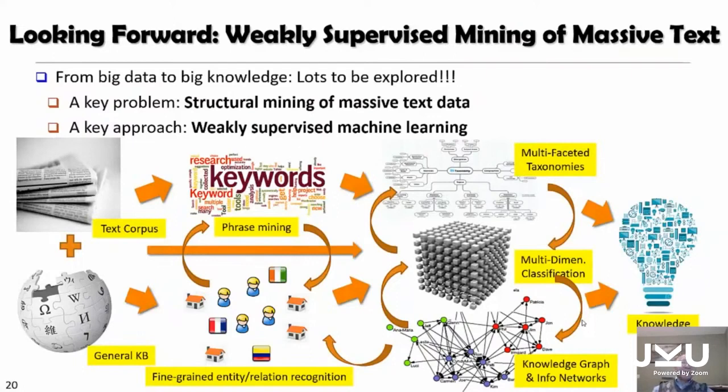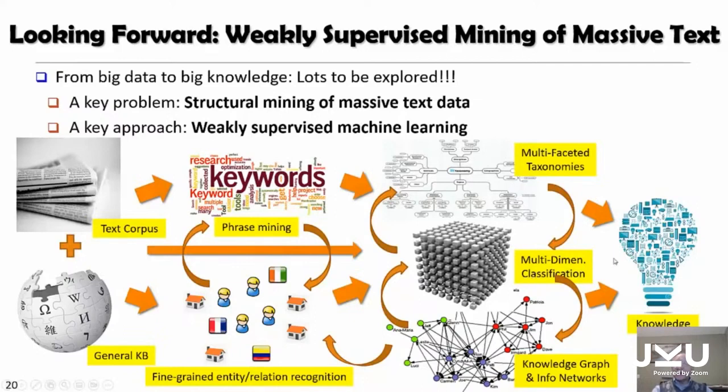Okay. So our general philosophy is we try to promote weakly supervised mining of massive data. That means if we want to handle text mining, our important framework is we start from a large text corpus and a general knowledge base like Wikipedia. Then we can use pre-trained language models, can use data mining approaches, find phrases, find fine-grained entities, and construct multifaceted taxonomies, multi-dimensional classification cubes, and multi-dimensional knowledge graphs or information networks.